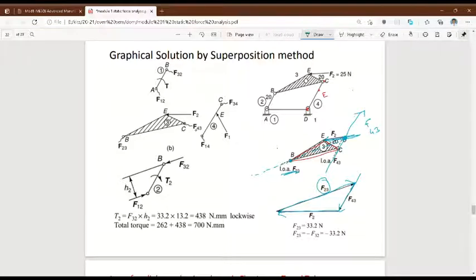I think you will get 3.3 centimeter. 3.3 centimeter means into 10, 33 Newton, because the scale in the last slide for the force polygon we kept as 1 centimeter equal to 10 Newton. So F23 is 33 Newton. Now draw AB again.